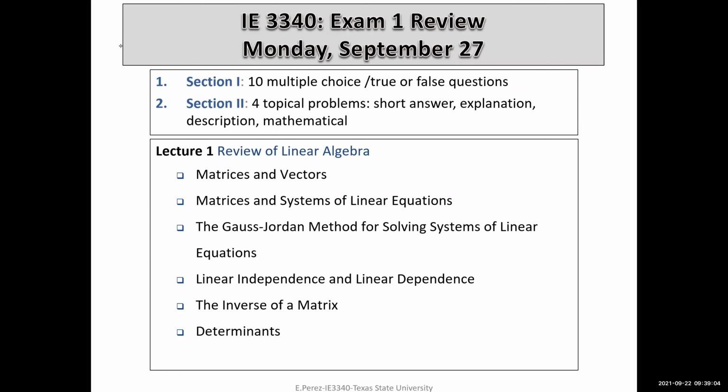I'm not looking for a perfect formulation. Basically, I want to see that you're able to describe the decision variables, right? These are the decision variables. And then state the objective function clearly: I'm going to maximize or I'm going to minimize this. And then there are going to be some constraints.